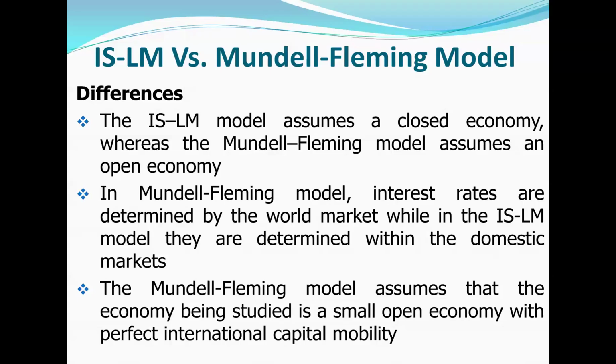Now, there is a key assumption that you should work with. It is called perfect international capital mobility. We assume in the Mundell-Fleming model that we are working with perfect international capital mobility, which simply means capital can easily move from one country to the other.